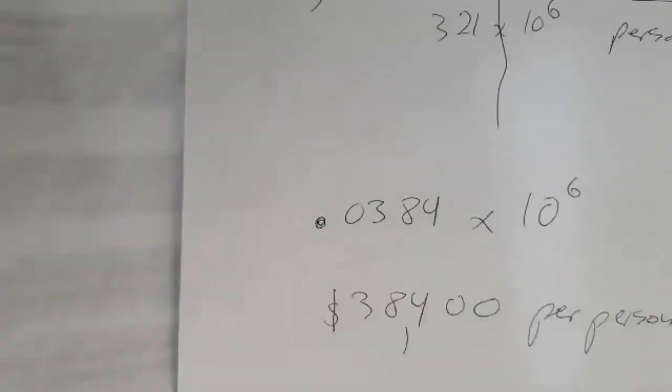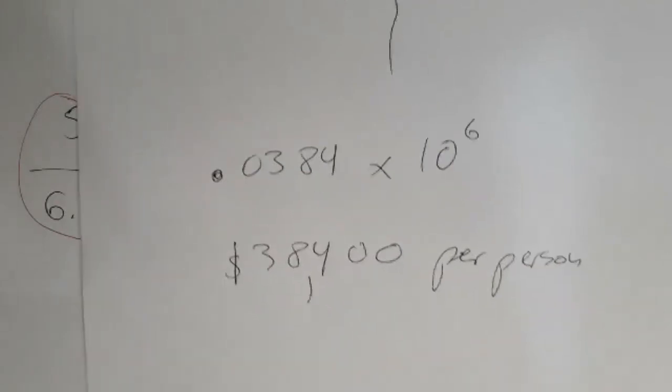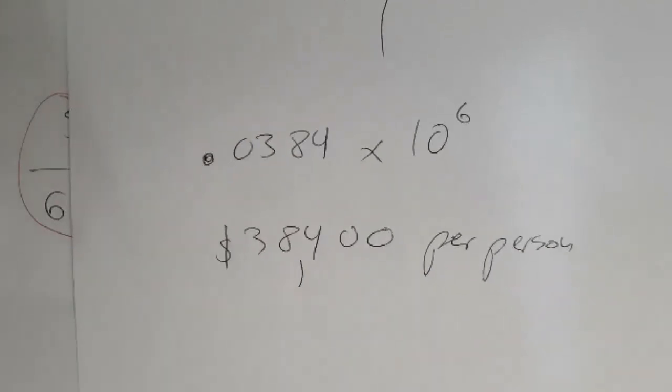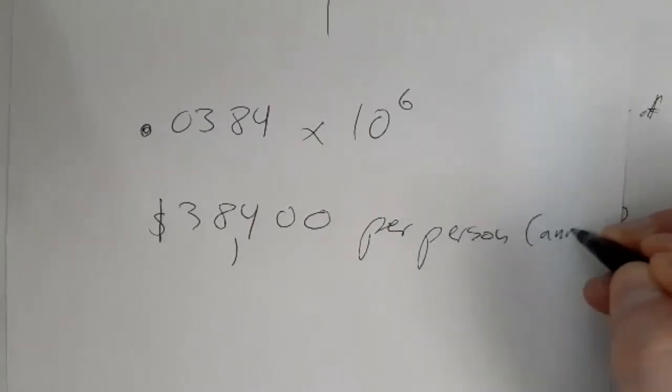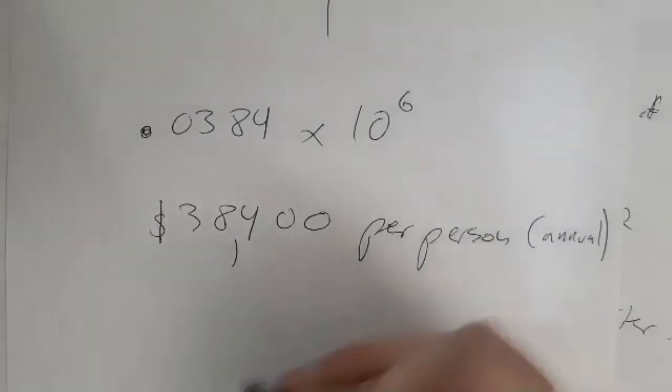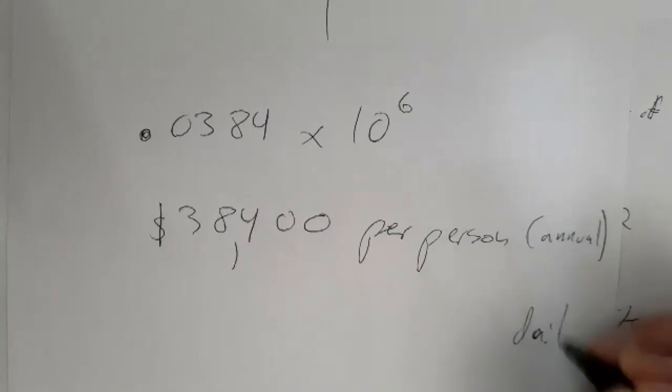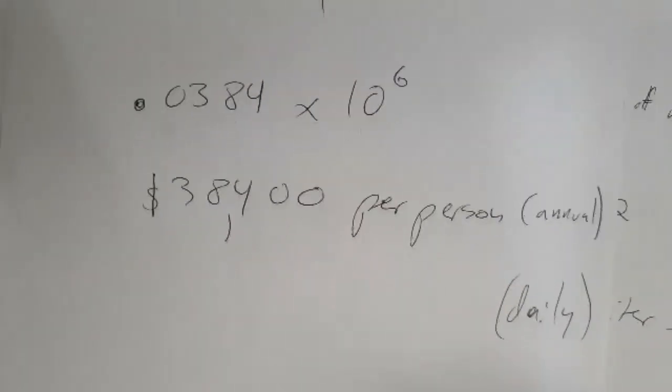Part B says, what is the approximate daily per capita spending on personal consumption? So this is annual. If I want to get from annual to daily, what do I do? You can use unit analysis if you really wanted to.